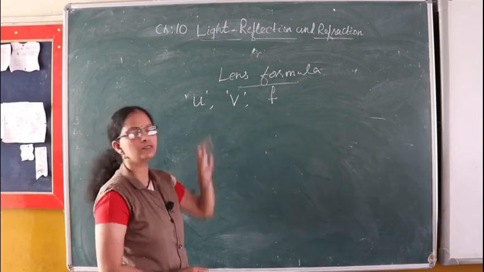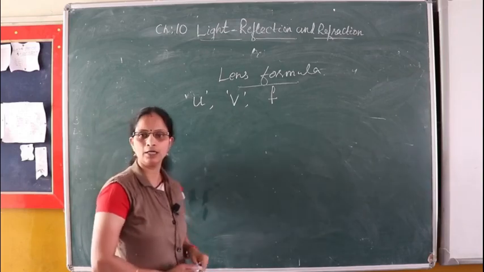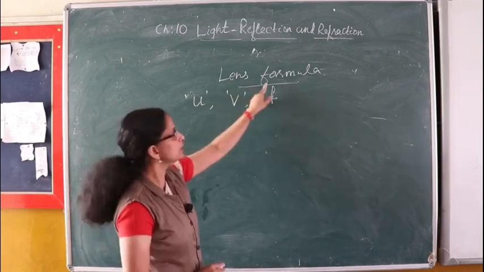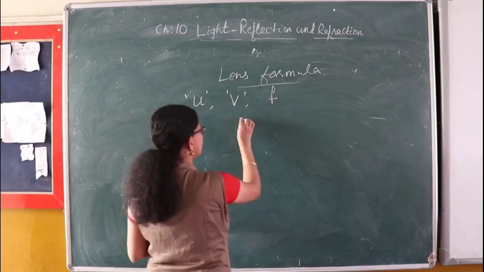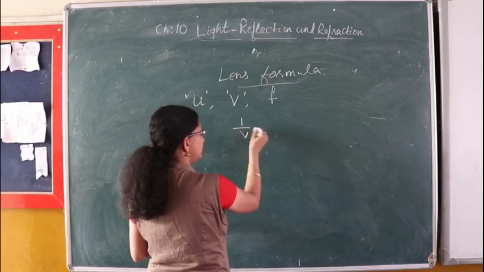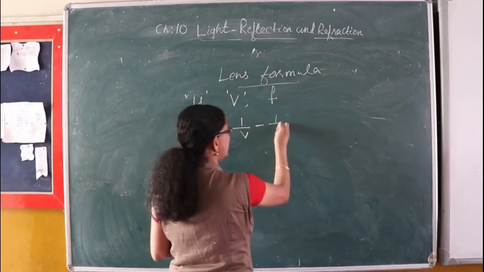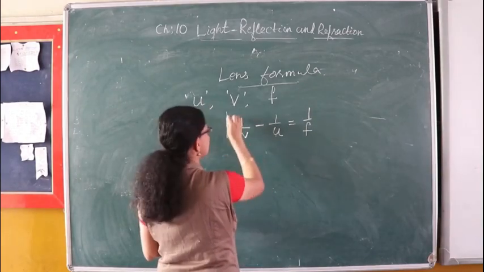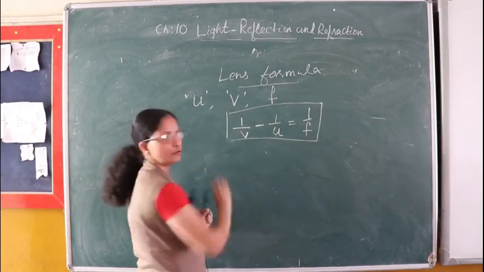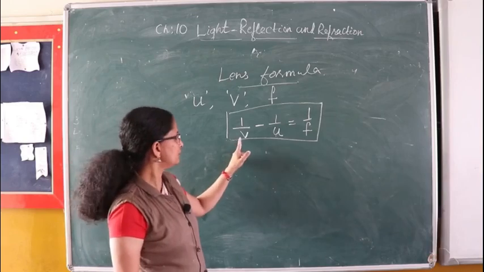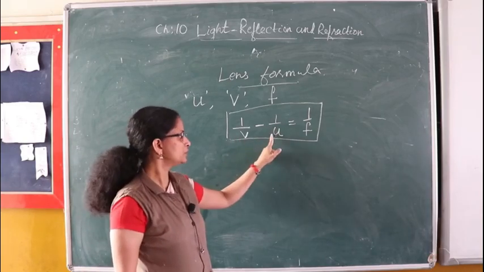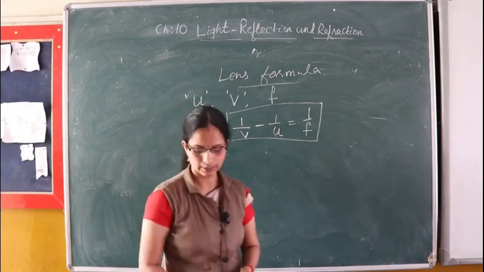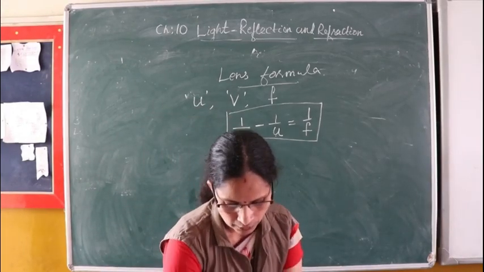All these distances are to be measured from the optical center. The lens formula is 1 upon v minus 1 upon u is equal to 1 upon f. This gives the connection between the image distance, object distance and focal length.